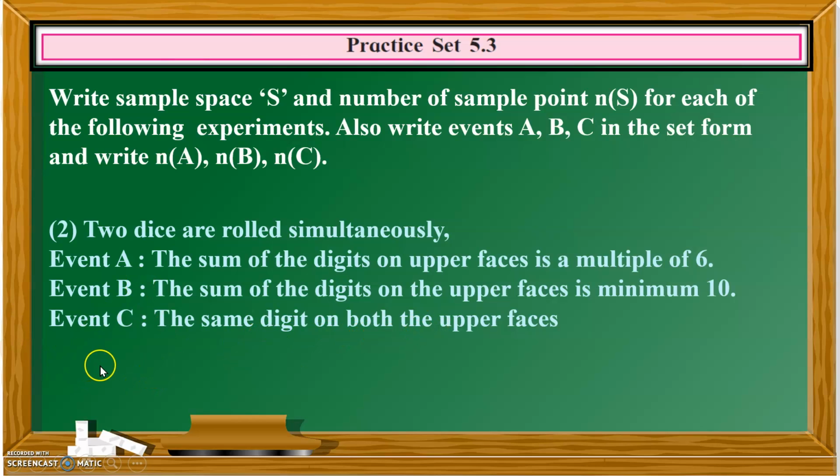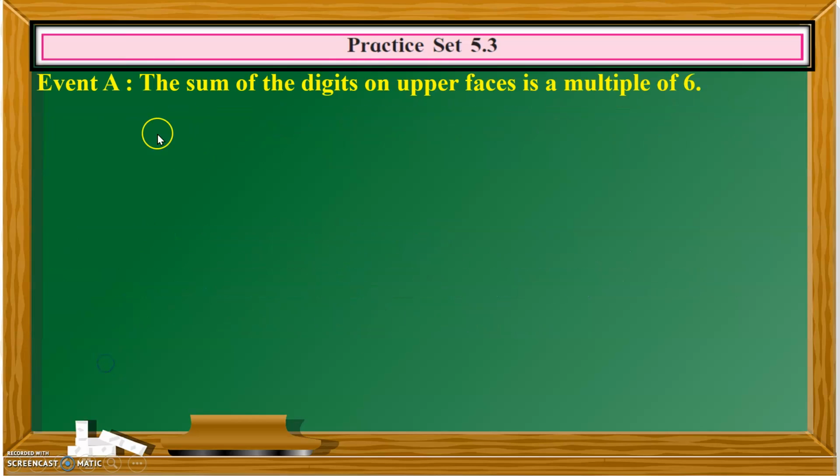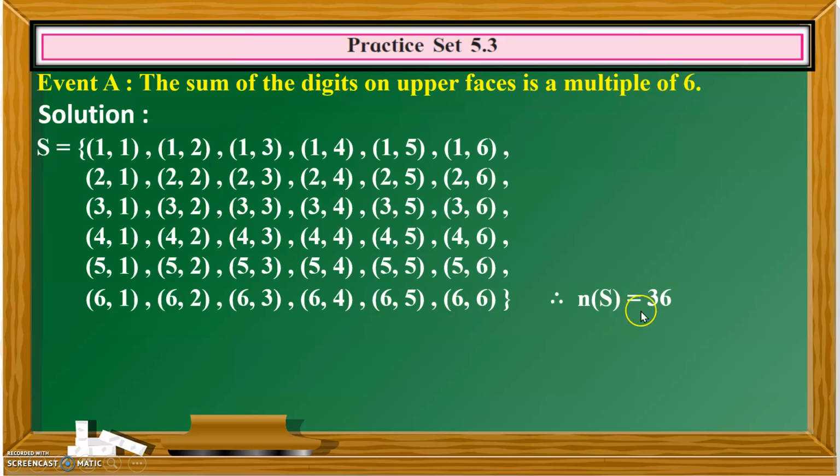Let us take one event at a time. So we start with event A. The sum of the digits on the upper face is a multiple of 6. Now, before I explain the statement, let us first write the sample space with the number of sample points in it. What is the meaning of the sum of the digits? The first number indicates the face of the upper first die.